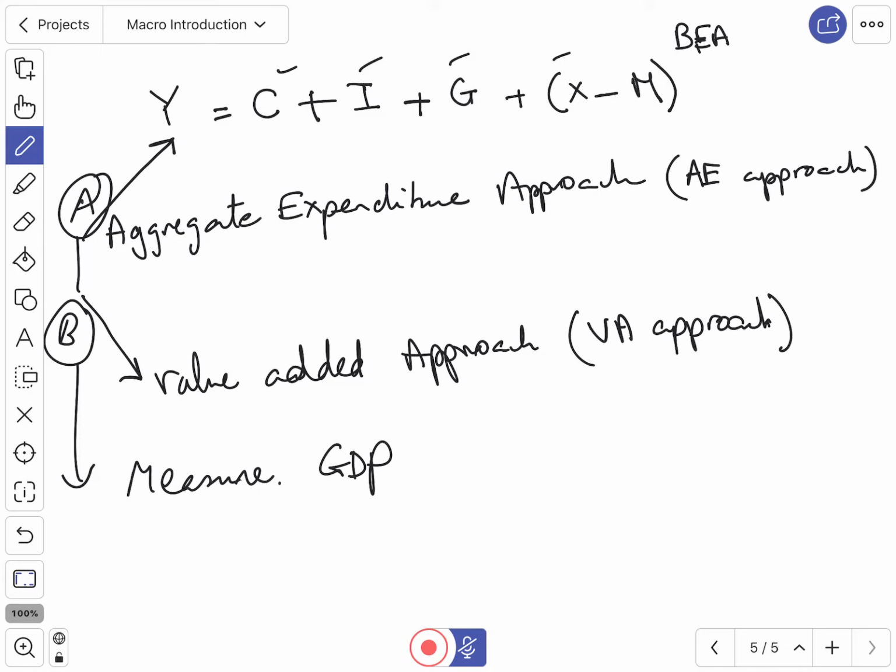So let's now talk about the value-added approach. I'm not going to focus on the value-added approach. I'm just going to give you an idea about it.